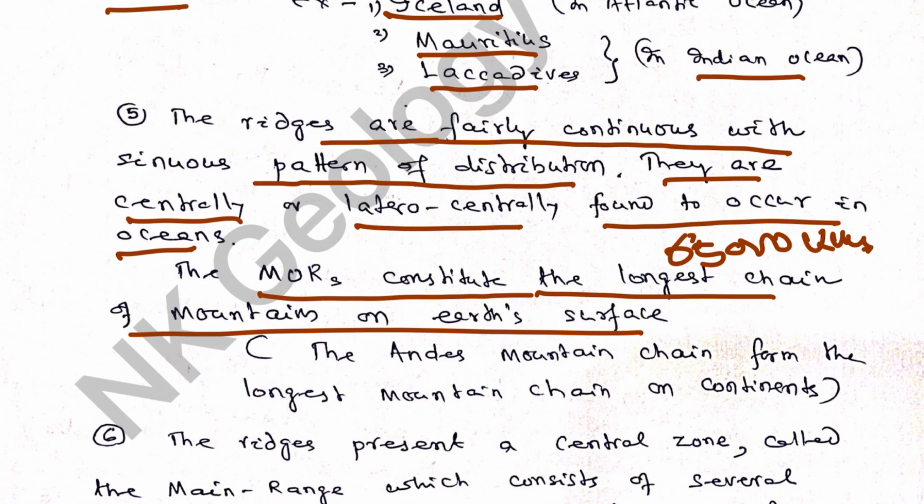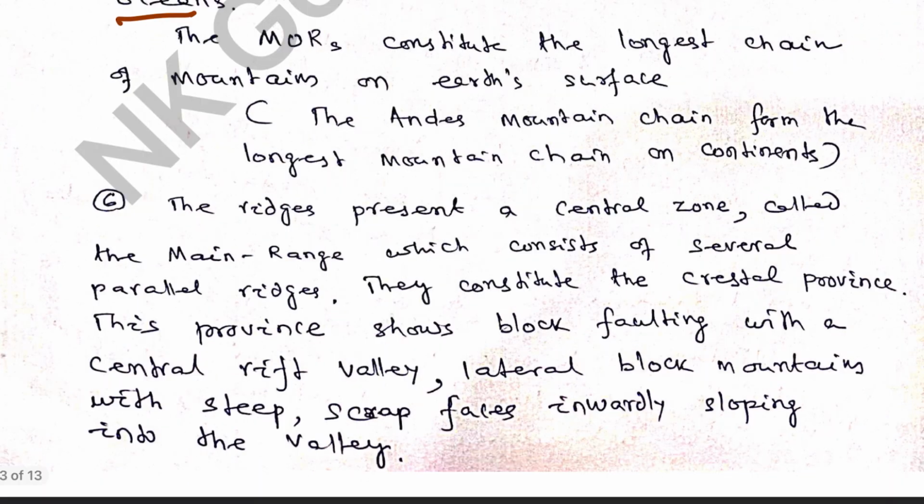If you take into account the longest mountain chain on the continents, it will be the Andes mountain chain. But if you consider the longest chain of mountains on the Earth's surface, it will be the mid-oceanic ridges.